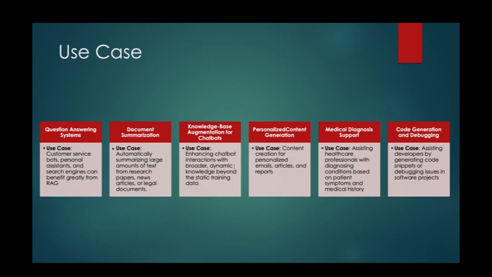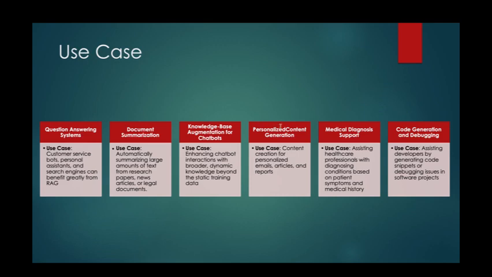The first one I will be talking about is the category of question answering systems. In these use cases, customer service bots, personalized assistants, and search engines can generally benefit from RAG. How exactly does it work?